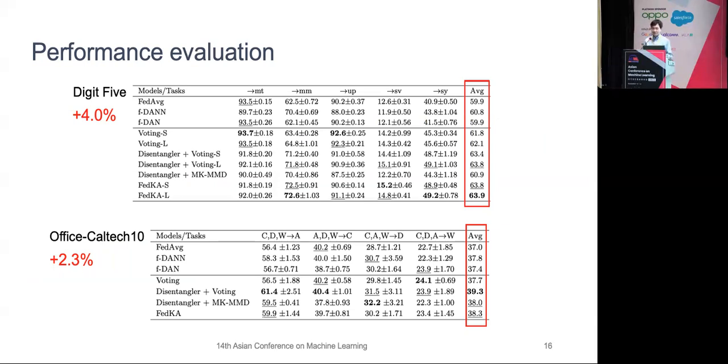We also consider the influence of different voting scales on the final results by using different numbers of target samples to fine-tune the global model, shown as plus voting small and plus voting large. As you can see in the tables, compared to the baseline methods, we can achieve better transfer learning performance to tackle the domain shift problem.